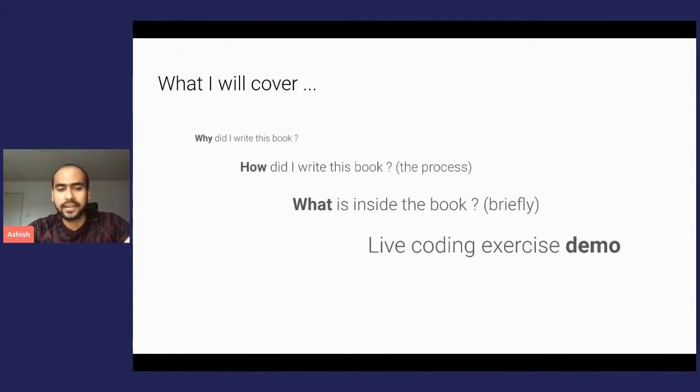For those who are interested in writing a machine learning or a technical book, I just wanted to share what the process looks like. And then obviously a quick peek into the book, what it is about, what the contents are, very briefly. And finally, I would like to wrap up the presentation with a live coding exercise, just to give a feel of how the exercises in the book are.